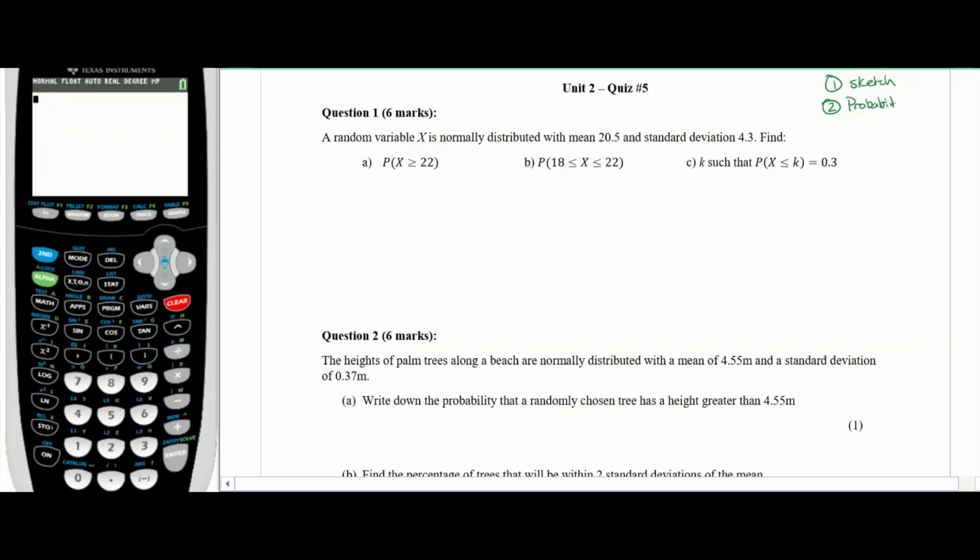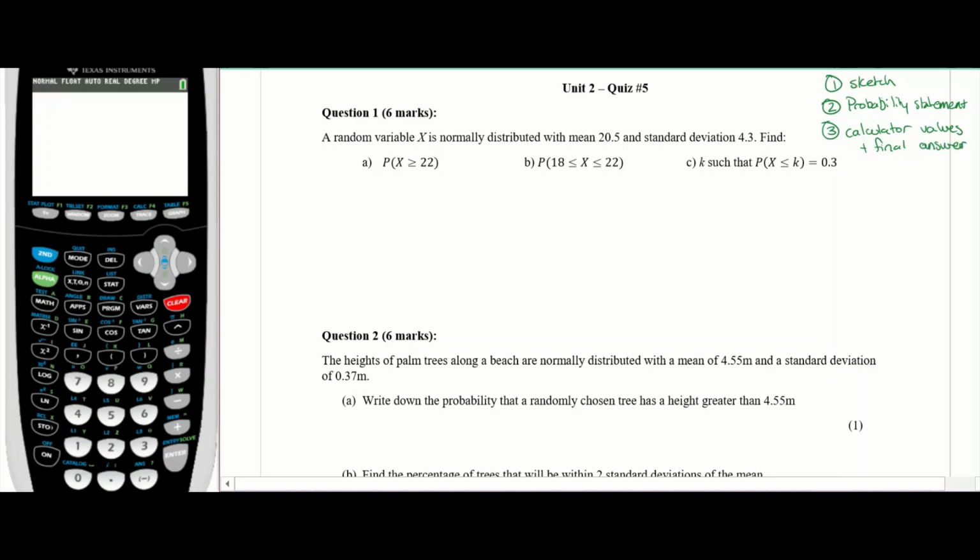And so that's a statement of either what you know or what you're looking for. And then three, you're going to have your calculator entries and your final answer. So those are three things you should always show whenever you're doing a normal distribution question.